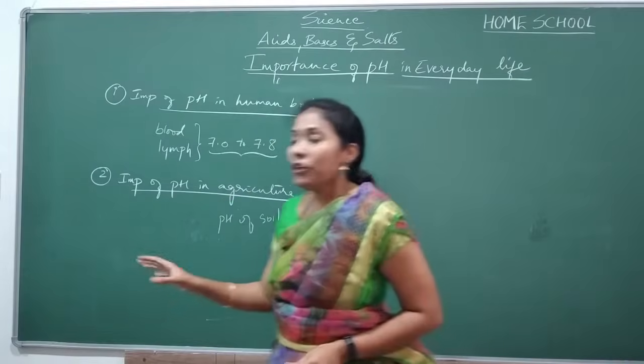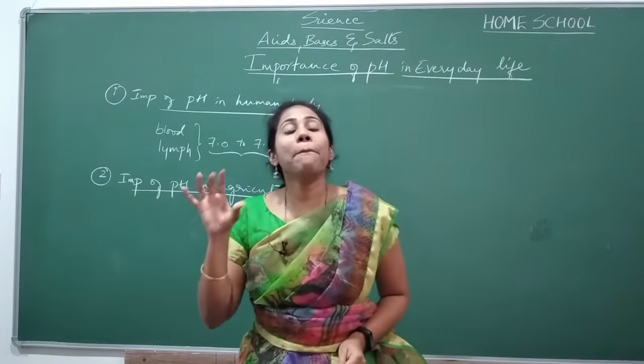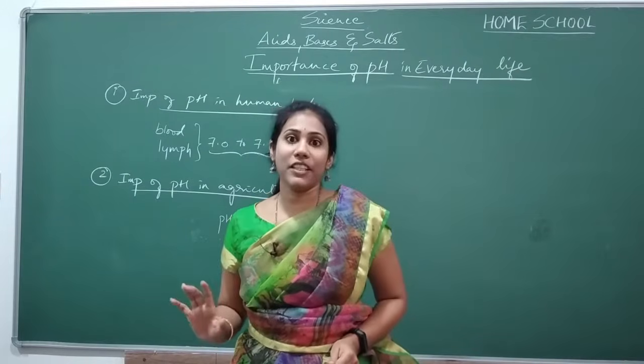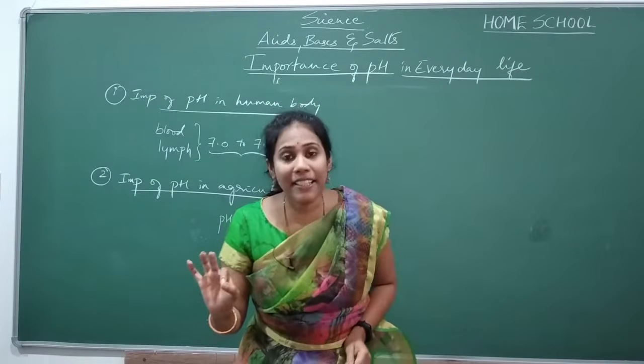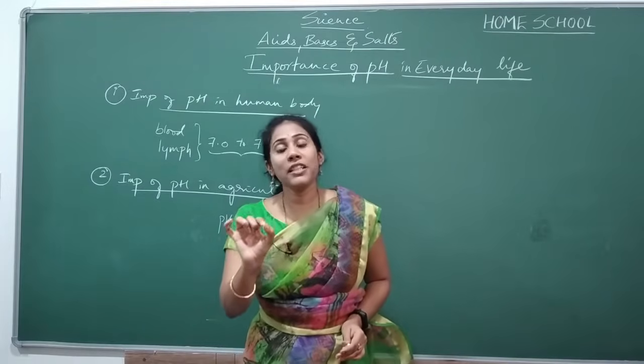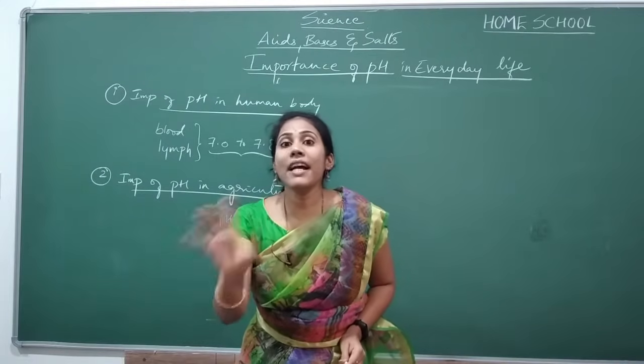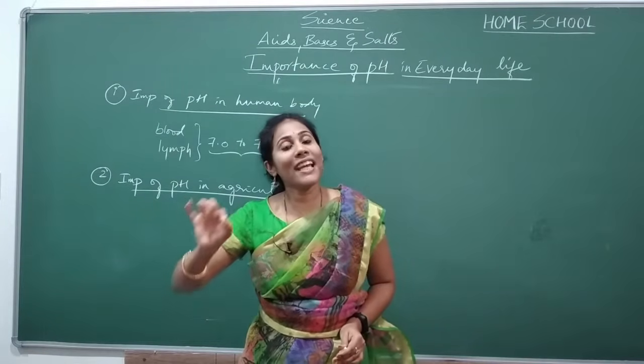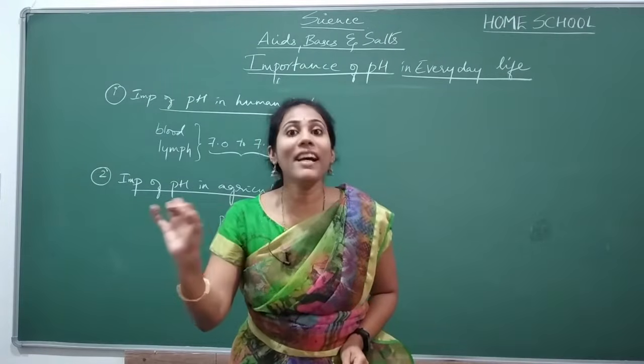Got to know? In our area the pH of the soil is quite acidic in nature, and a coffee plantation cannot be grown in acidic soil. Paddy can be best grown in acidic soil.